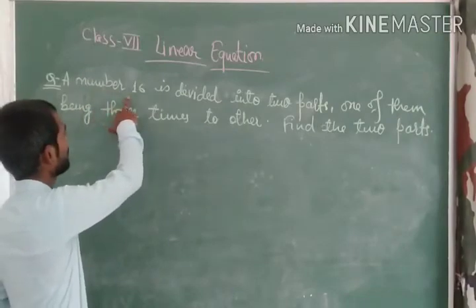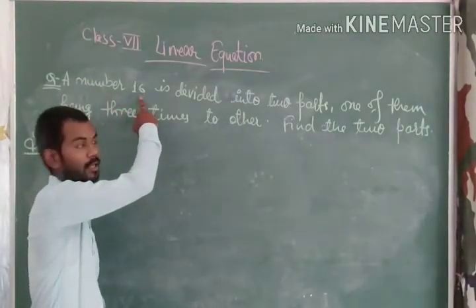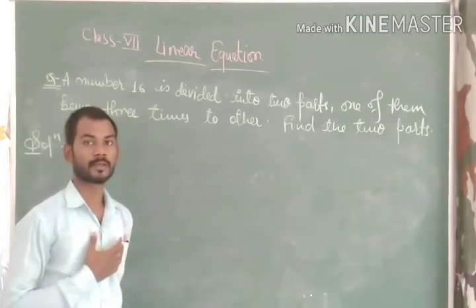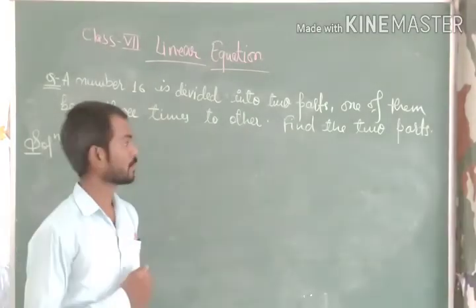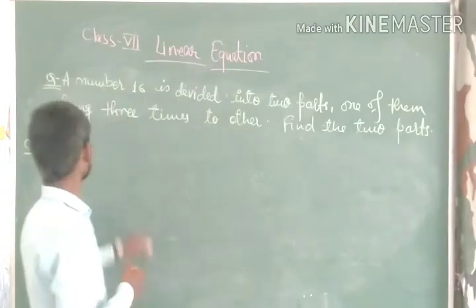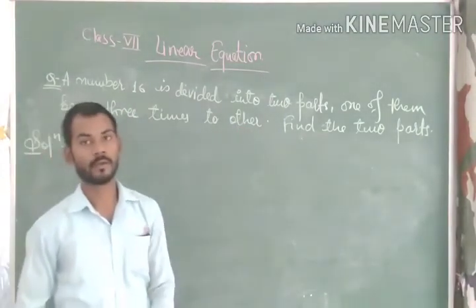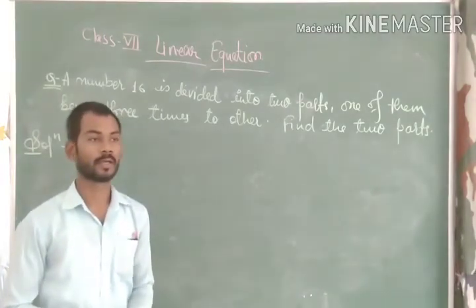A number 16 is divided into two parts, one of them being 3 times the other. Find the two parts.